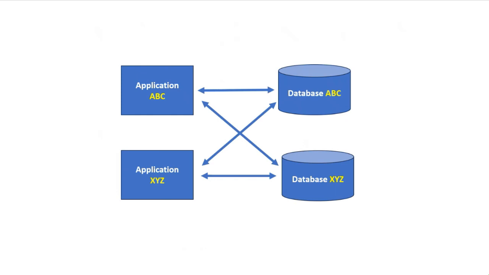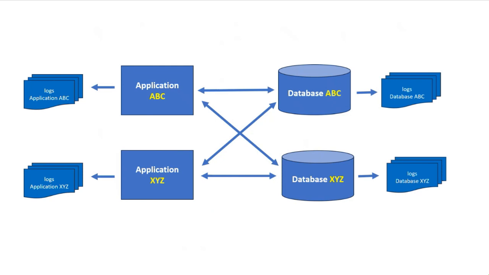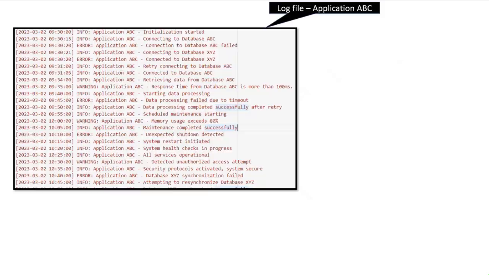Both applications and databases are generating logs that are critical for monitoring this entire system's health. These logs contain critical information like errors and warning messages along with alarms, KPIs, and counters. To ensure that the system is healthy, we need to analyze these log files regularly.